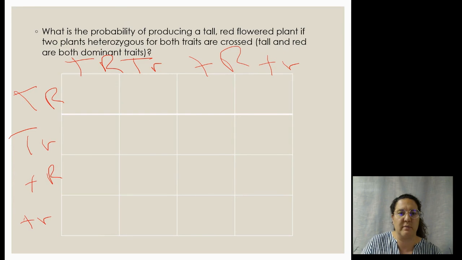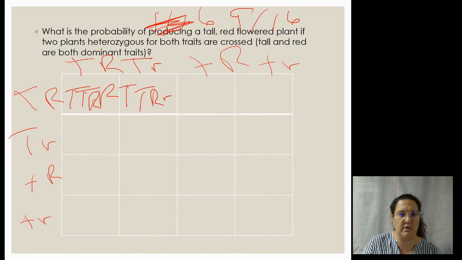So it actually should be about 1 in 16 to produce a tall red flowering plant. Or sorry, it should be 9 in 16. So when we go through, that's our heterozygous dominant.